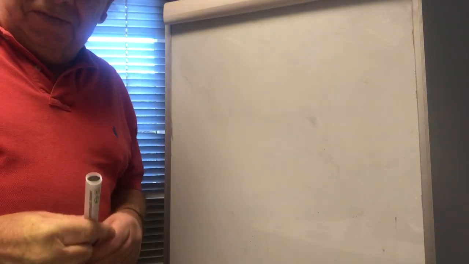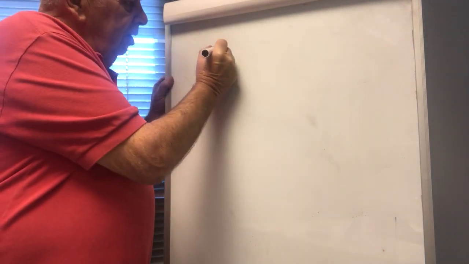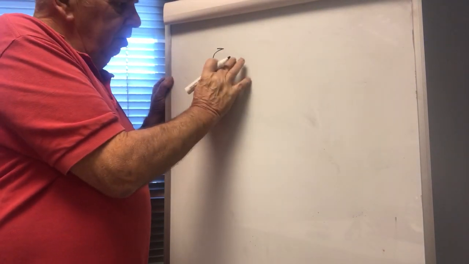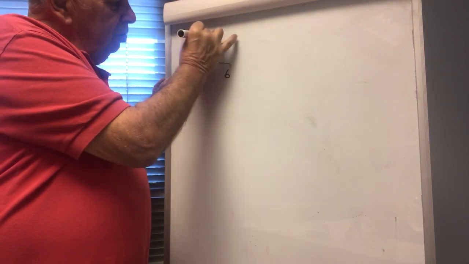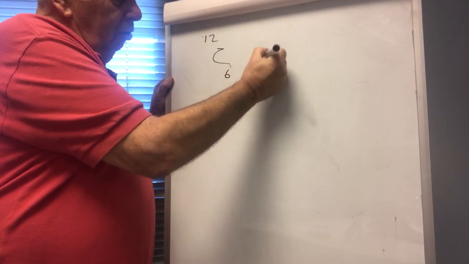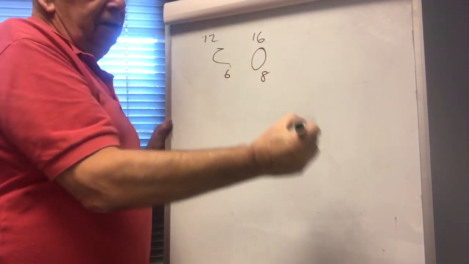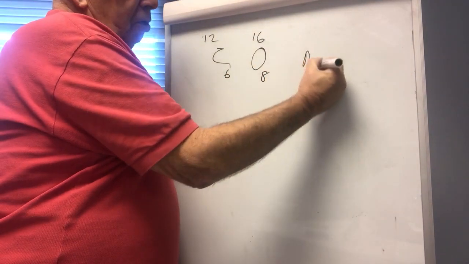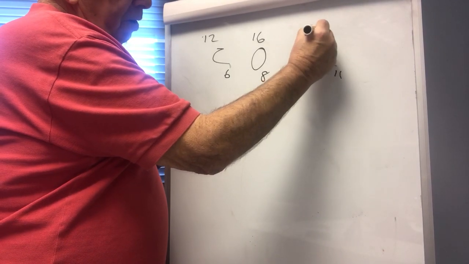In a previous video clip, I described atoms in terms of two numbers, the atomic number and the atomic mass. That is carbon, oxygen, 8 and 16. Let's take another one, sodium, 11 and 23.